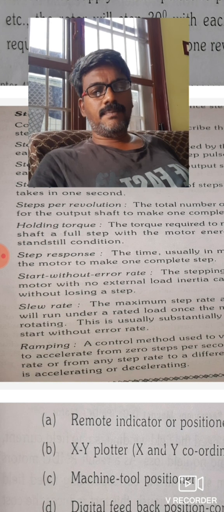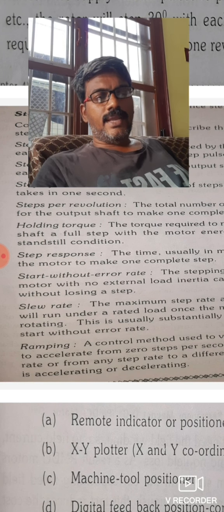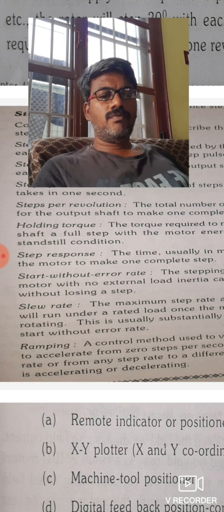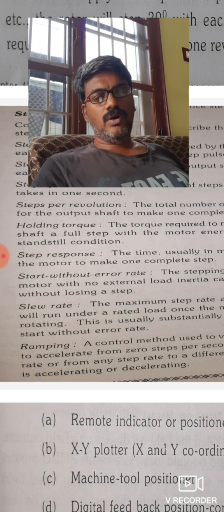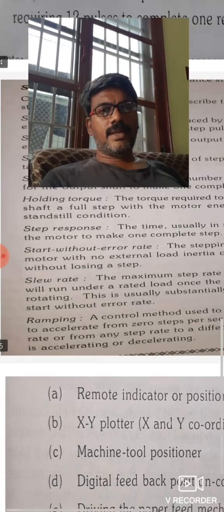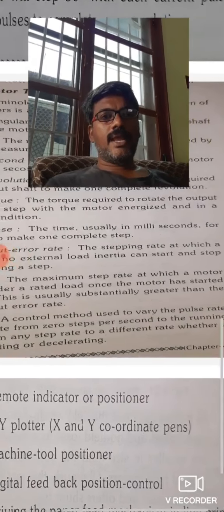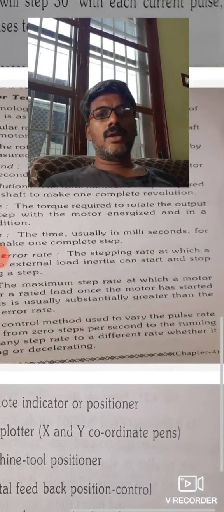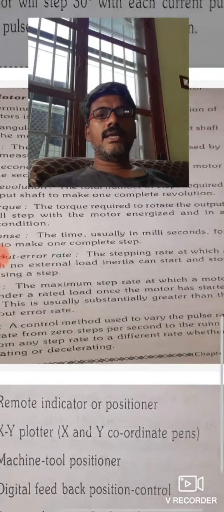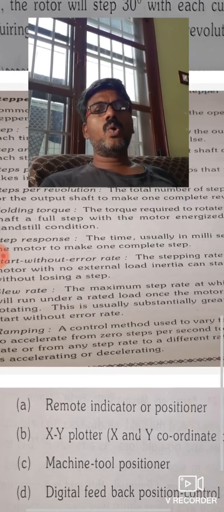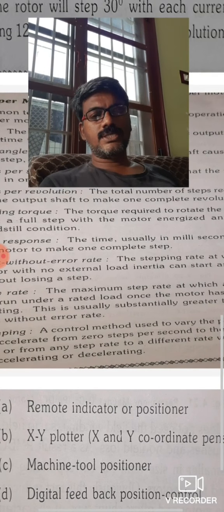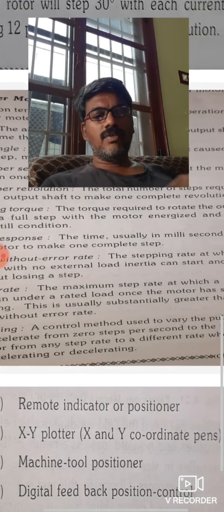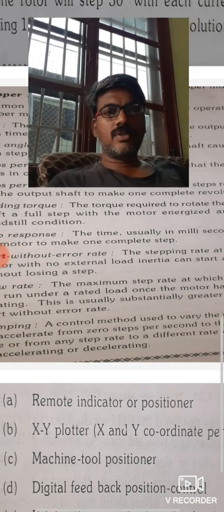Next, start without error rate. The stepping rate at which a motor with no external load inertia can start and stop without losing a step is known as start without error rate.